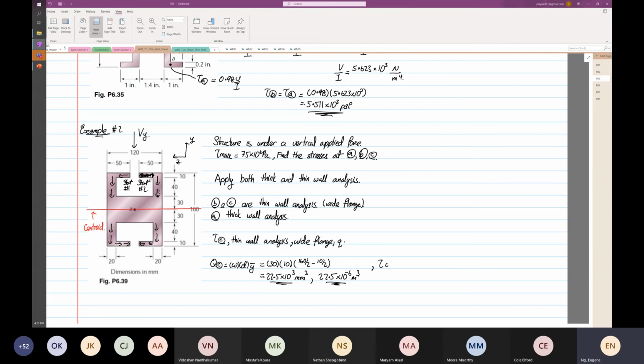The shear stress at point C is equal to V over I, this will be the Q, and the thickness. Can someone tell me what's the thickness? Anyone? What's the thickness? 10. Thank you. 0.01. Because it's thin wall analysis, divided by 0.01.